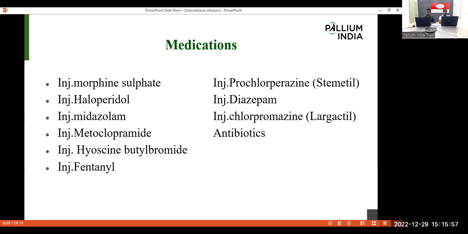Then these are the types of medications we cannot give subcutaneously because they will cause tissue damage. So injection Stemetil, injection diazepam, injection promazine, antibiotics, and hypertonic types of solutions. These are examples of medications and infusions we cannot give subcutaneously.